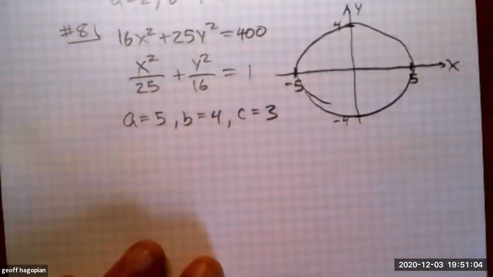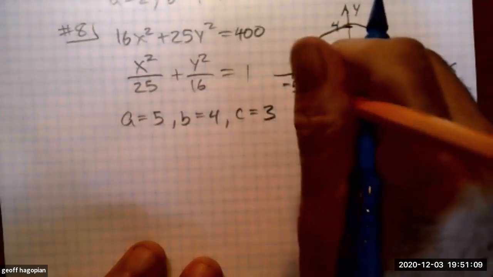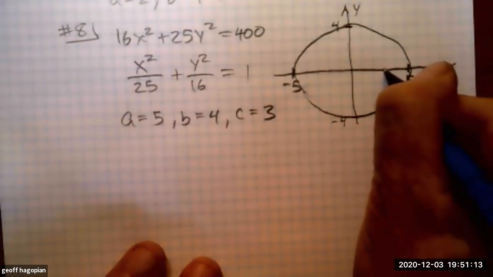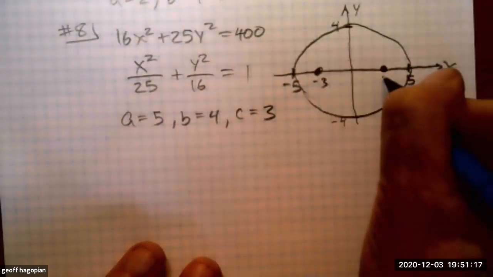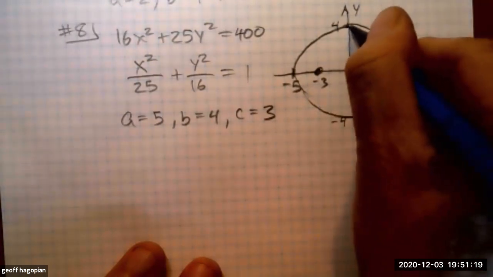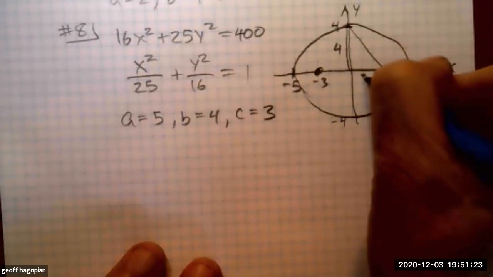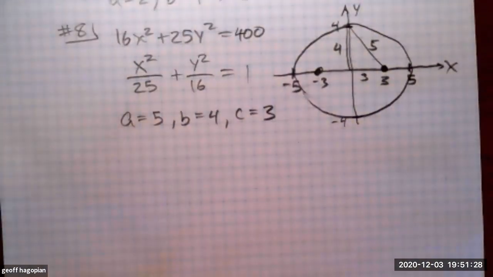There's a reasonably oval shape through those points. And where's the focus? It's at 3 on the major axis, so this is -3 and 3. And you see this 3, 4, 5 triangle in here: this is 4, this is 3, and that's 5. That's A.